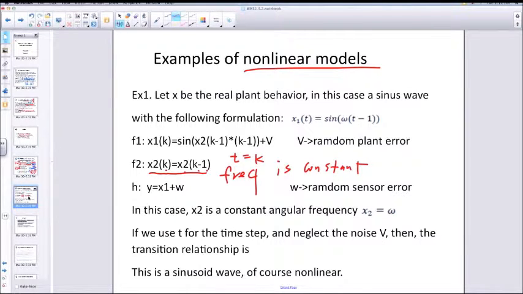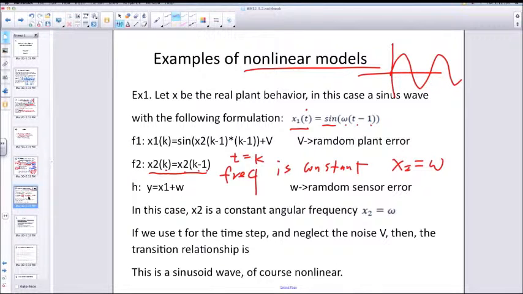But the function itself, let me call this frequency x2 the omega, like what you used in calculus. And then my x1 is a function of t equals sine omega times t minus 1. This relationship, you know, is a sine wave like this, if it's in a perfect situation. Of course, you agree with me, this is not a straight line. It's not going to be linear. It's very highly nonlinear.